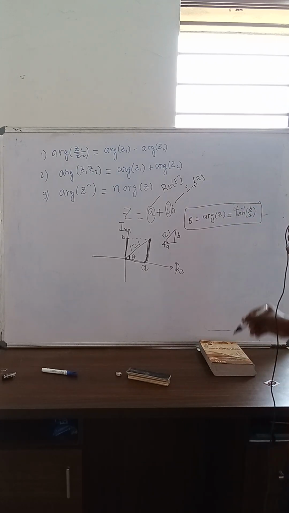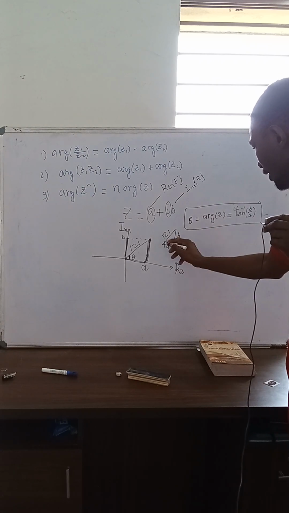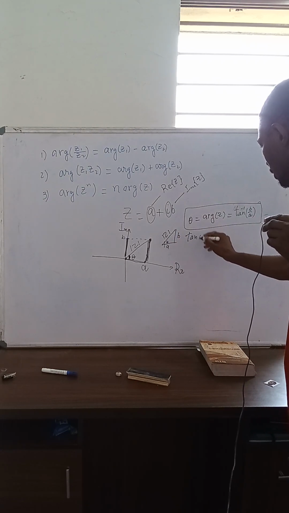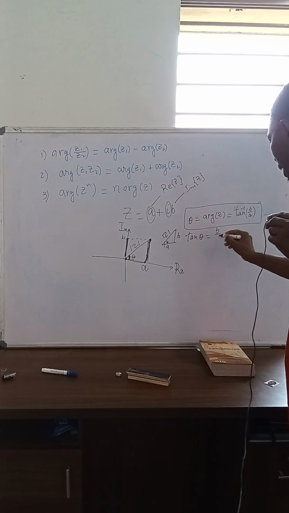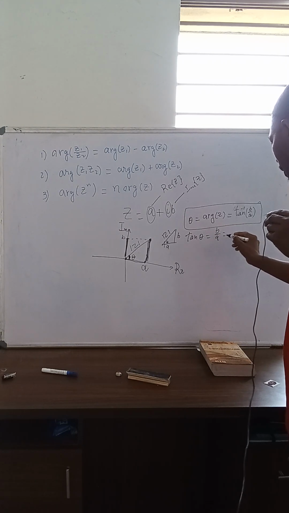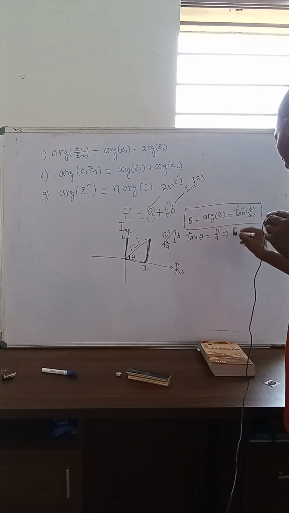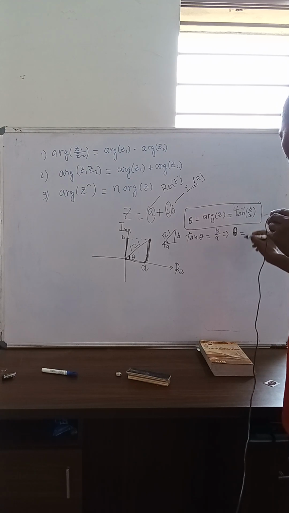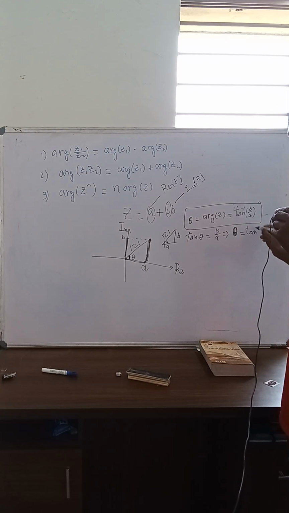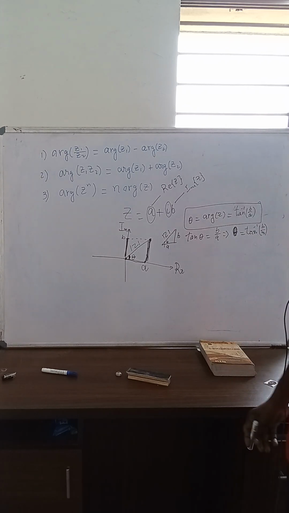Tangent inverse, okay? Because actually, if you find the tangent of theta, it will be b by a, so theta will be tangent inverse of b by a. Nice.